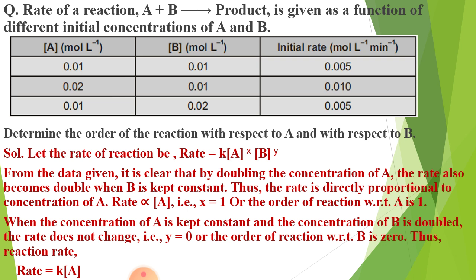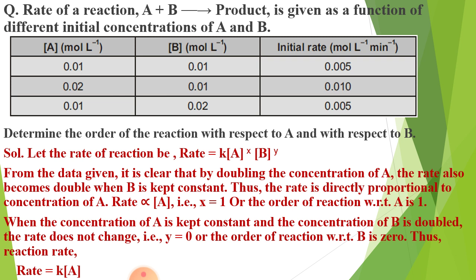Now we have to find the order of reaction with respect to B. When the concentration of A is kept constant, this takes place in experiment number 1 and 3. Here A is constant, but now the concentration of B is doubled. But look, the initial rate is the same.